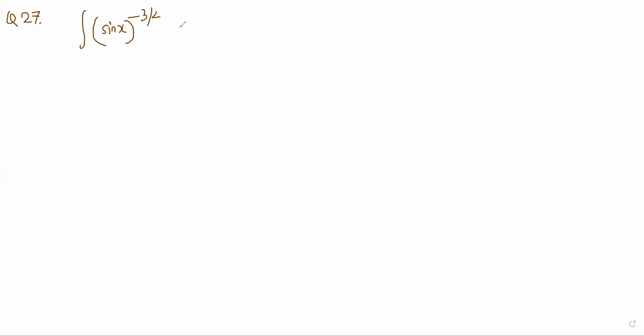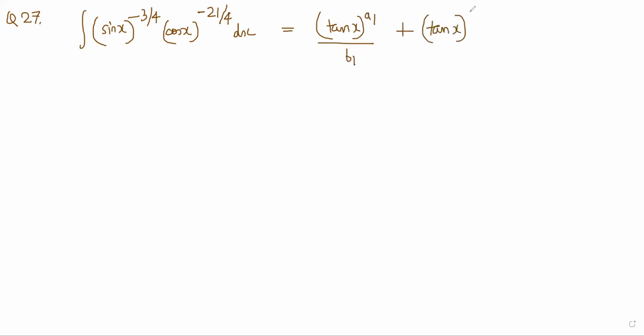This is question number 27, and this talks about if the integral of sine x to the power minus 3 by 4, cos x to the power minus 21 by 4 dx is equal to tan x power a1 by b1 plus tan x power a2 by b2 plus tan x power a3 by b3 plus c.